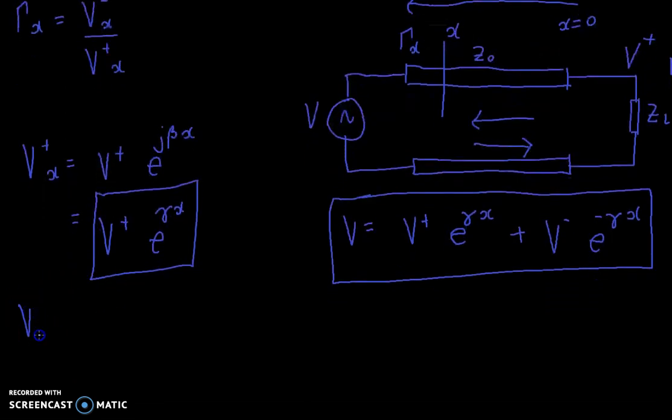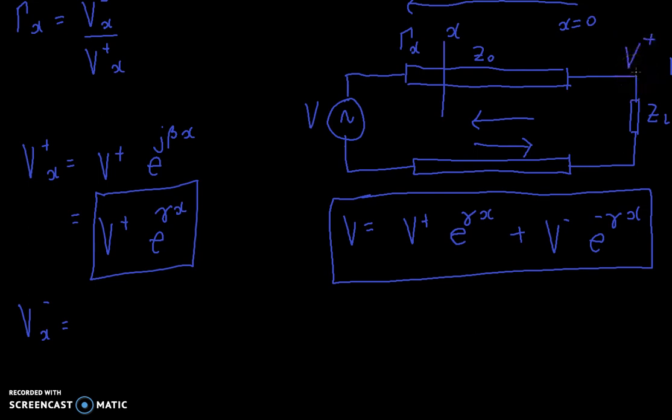V minus at x will be equal to, okay, so now we have to find what is the value of V minus at x here. So we start with V plus going in this direction. When it hits here, it becomes V minus, because V minus is the reflected voltage after we multiply V plus by gamma. So actually V minus is V plus times gamma.